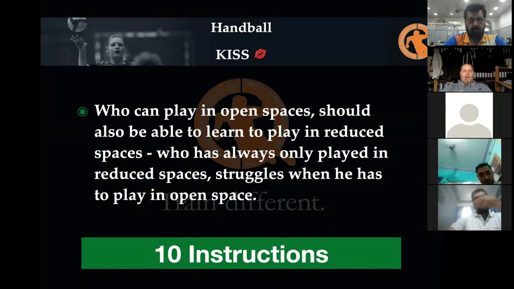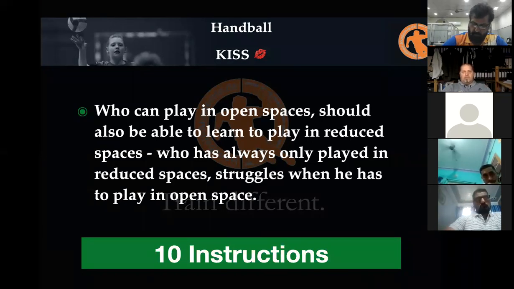And we start in open space with an open defense, because first of all, we need to give more space to the attackers to make it easier for them to learn, because attack is always more difficult to learn, takes more time compared to defense. And then we can go back step by step in our concept of teaching handball to more close defense systems.